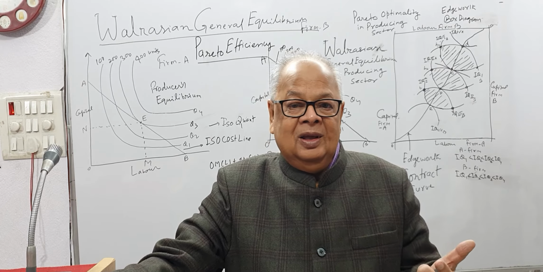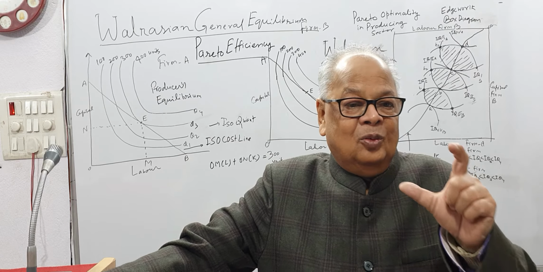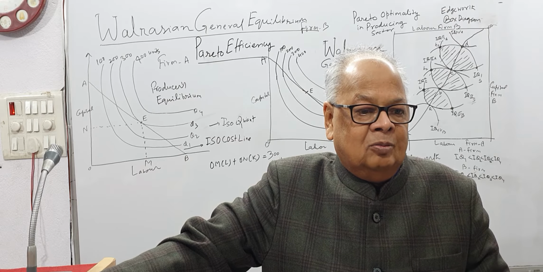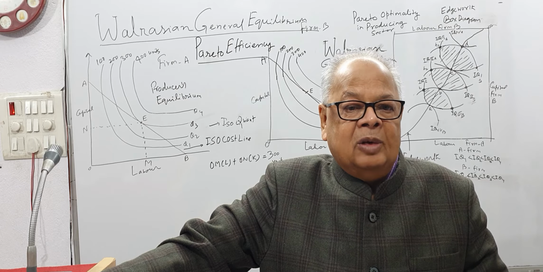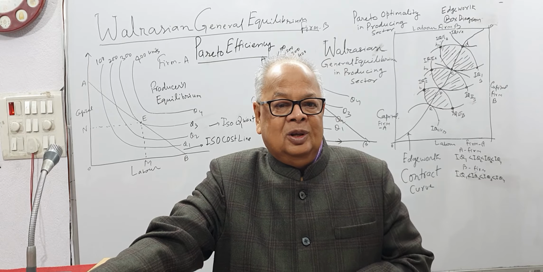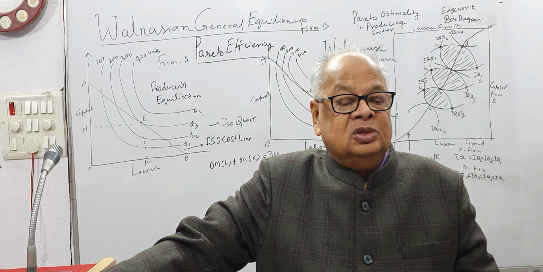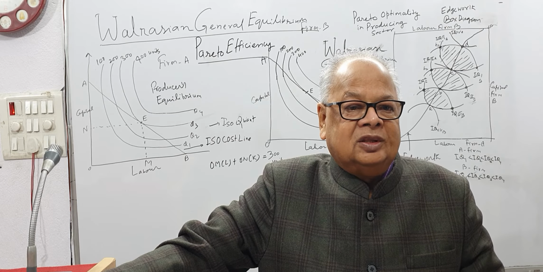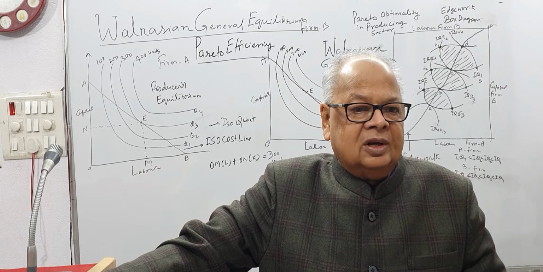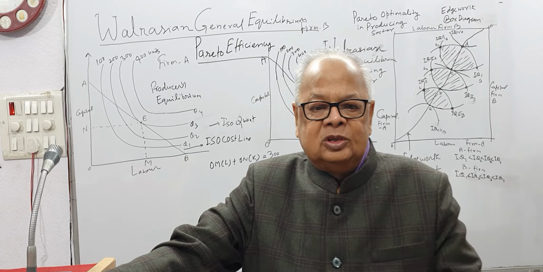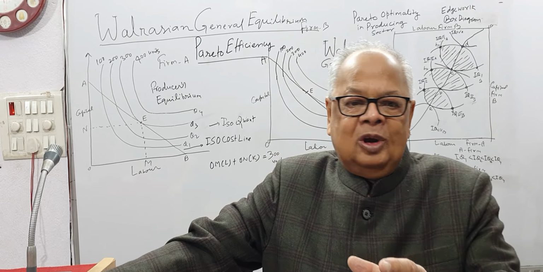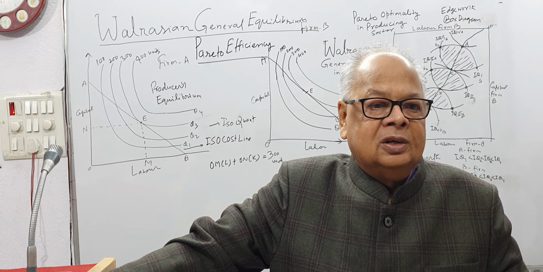Walras. Walras wanted to develop general equilibrium. But at that time, Marshall was more popular because he said, don't think about general, think about the partial, and try to find out the problem of one consumer, the problem of one producer.